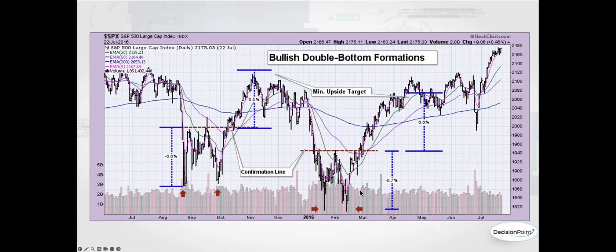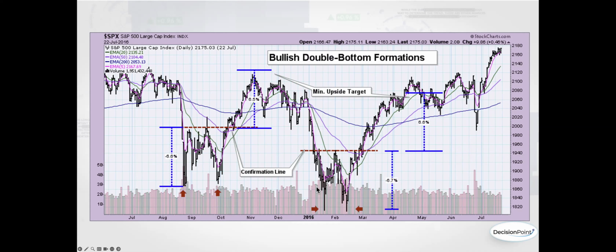And these work out the same way as it does with the flags. You just measure the height of the pattern, add it to the top of the pattern, and that gives you your minimum upside target. So here is the confirmation line of the pattern. It runs across the middle of the W. So once price has gone through this line, you now have a confirmed pattern.